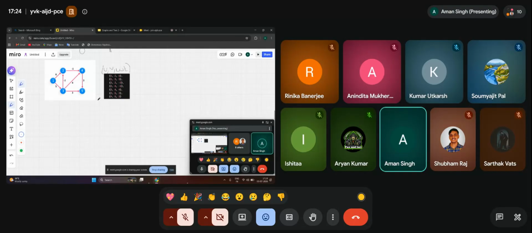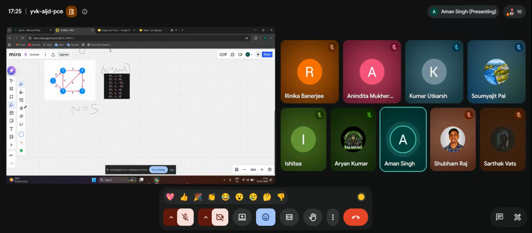So the concept we use in the Bellman-Ford algorithm is we keep relaxing the edges n minus 1 times, where n is the number of vertices, and here the number of vertices is 5. So what we do here is we keep relaxing all the edges n minus 1 times. Now what I mean by relaxation here is, okay, so let me just write these edges here so that it would be better to visualize and do a dry run for showing how the Bellman-Ford algorithm works.